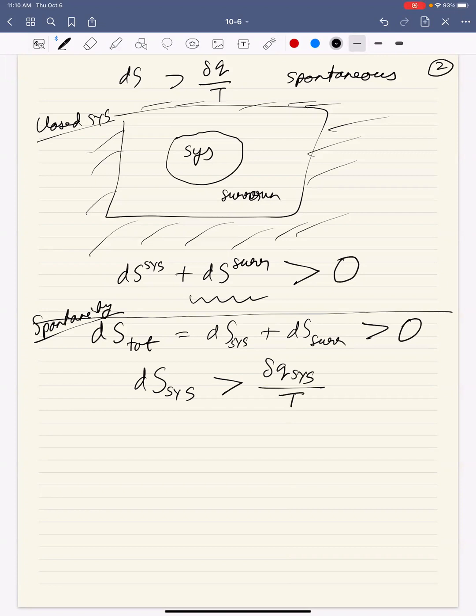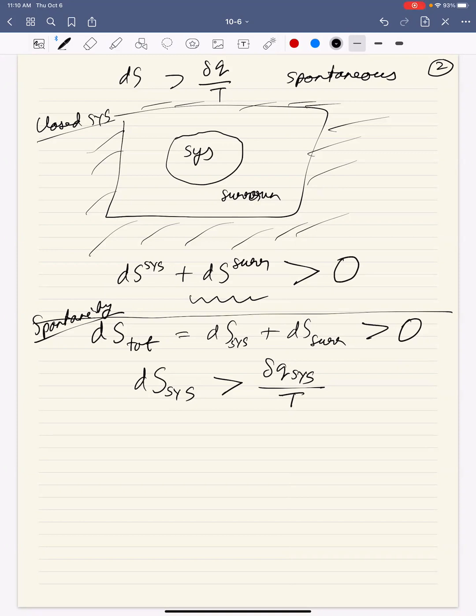That was the Clausius inequality. So these two we have seen. My question for you is, is it possible to write down the condition for spontaneity only in terms of state functions of the system?